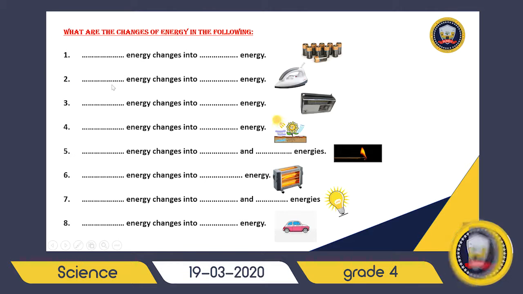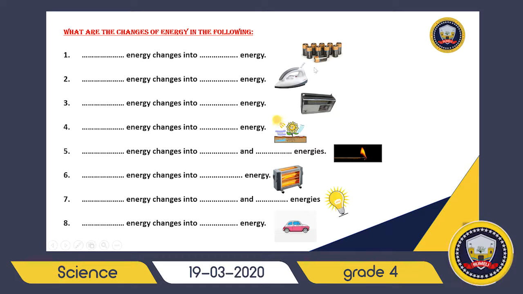It's about the changes of energy. For example, in batteries, which form of energy changes to which form of energy? You are going to do it. And in the electric iron, which energy changes into which energy? The electric iron works by electricity, right?